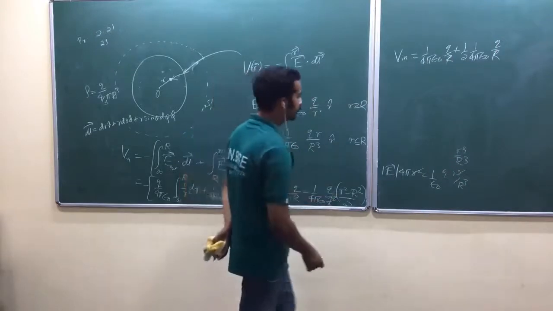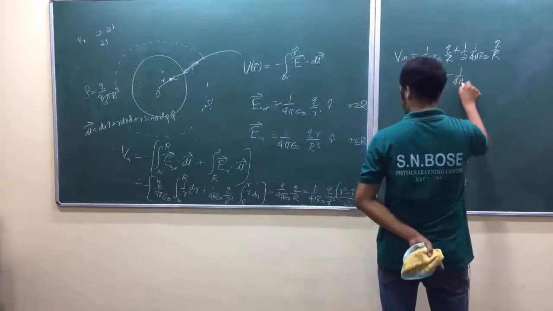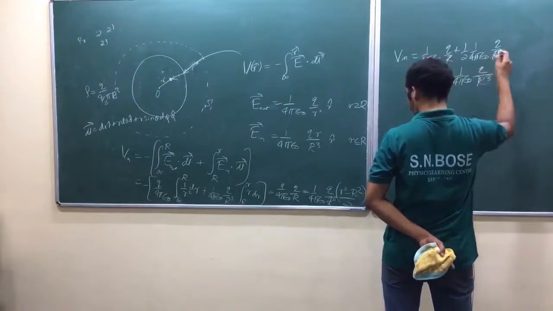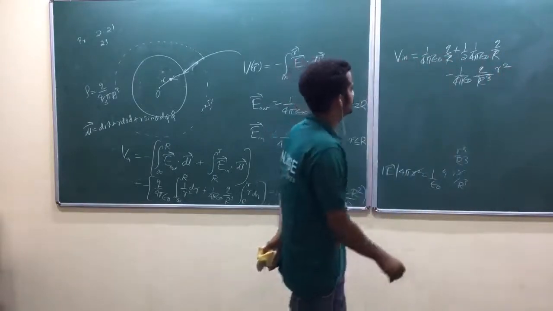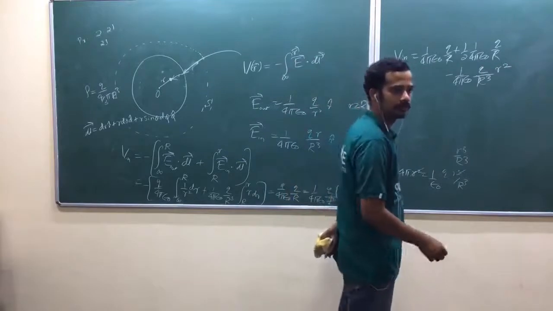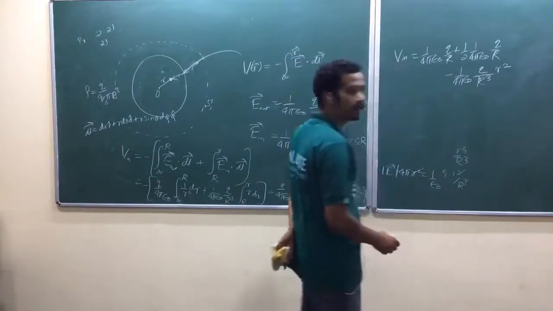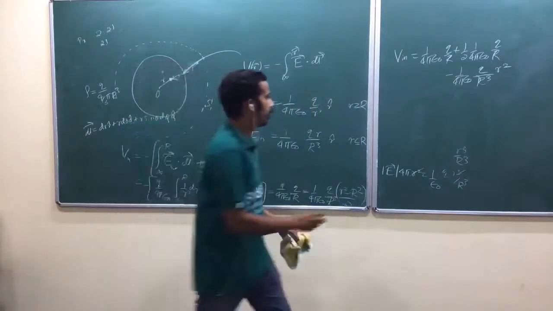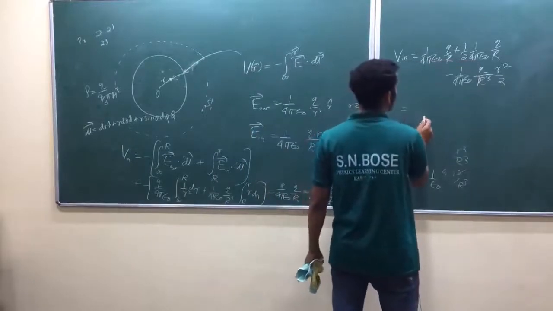Minus minus plus, isn't it? So one more part, minus 1 by 4 pi epsilon naught q by R cube into r square by 2. One more by 2. How do you simplify?